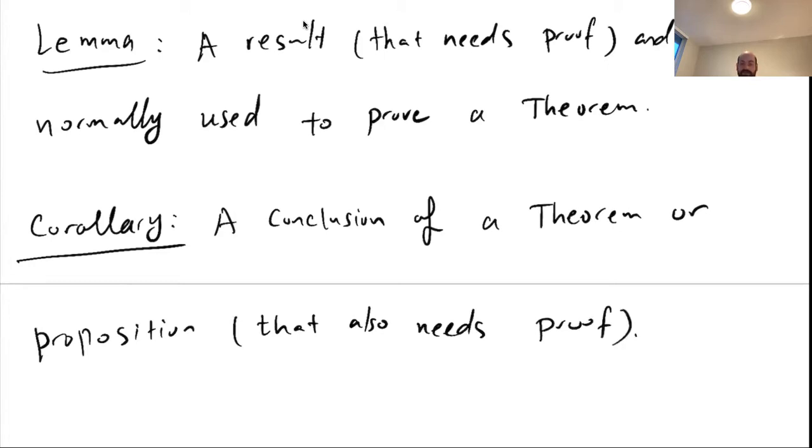So basically everything that we said here so far needs proof in mathematics. In mathematics, we need to prove everything. The only exception is when we have an axiom. Axioms are facts that we just accept as they are, based maybe on our intuition.